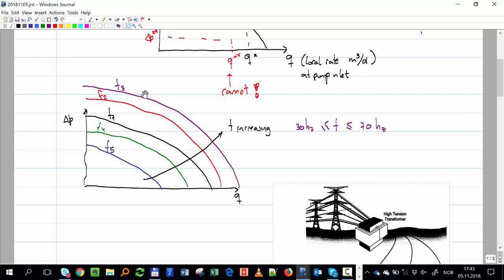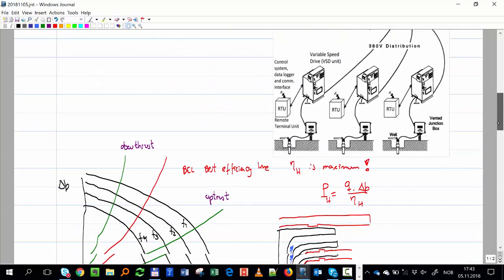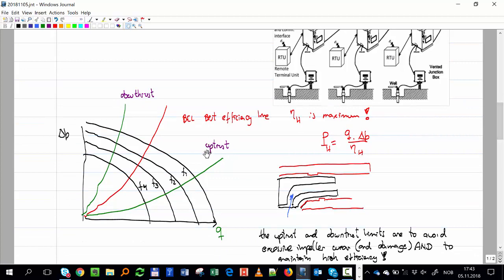Now, I cannot operate in the whole area, but there are two lines that I have to be careful with, the upthrust and the downthrust. So I should always be in this range. Let me mark it.